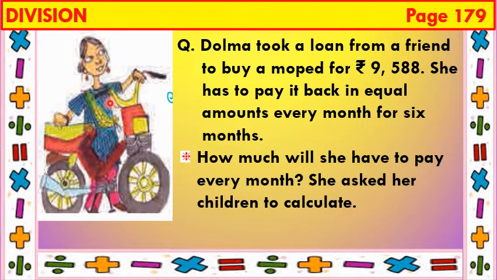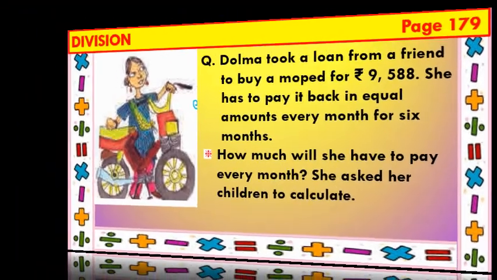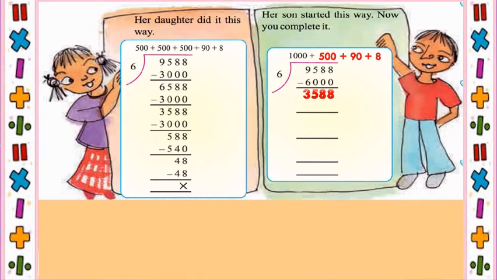Now this Dolma had 2 children. She asked both the children to calculate. Dolma's daughter calculated in this way: 9,588 divided by 6.